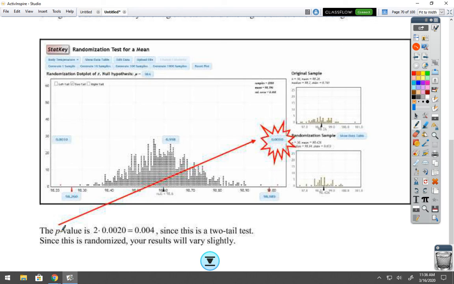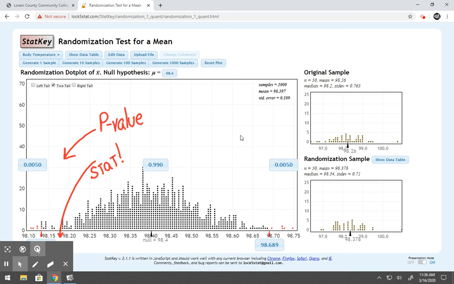It says the p-value is 2 times 0.0024. Well, what do they mean by that? If you look at that statistical value, if I have a two-tailed test, there are 0.005 things on the left, and there are 0.005 things on the right.